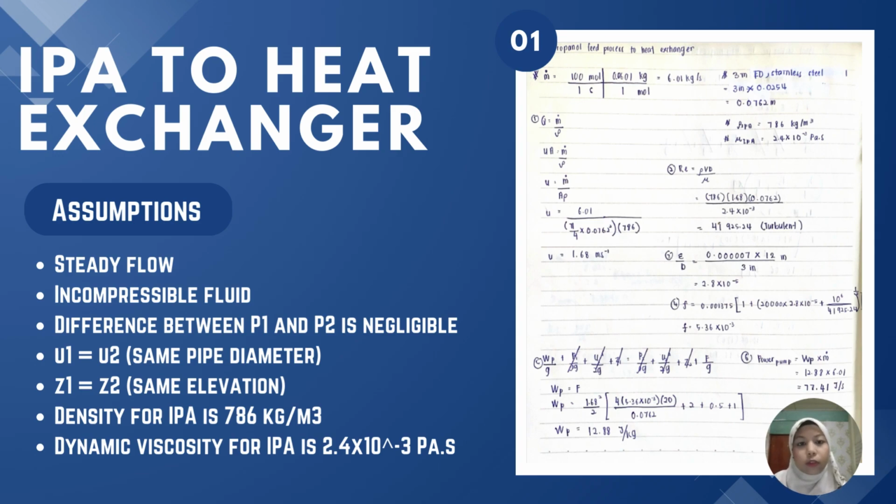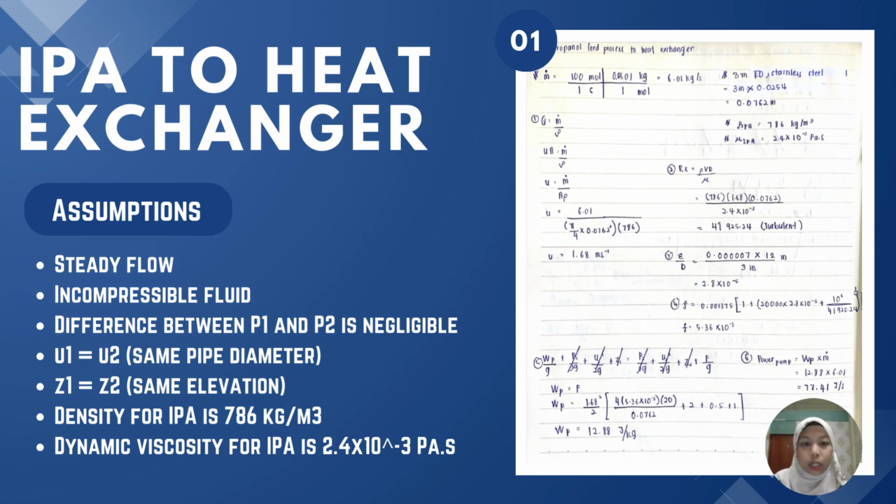For the first step, to calculate the power for the pump we need to calculate the Reynolds number by using the formula rho V d over dynamic viscosity. How to find the velocity? We need to know the mass flow rate or volumetric flow rate. After calculating, we got the velocity equals 1.68 meter per second.